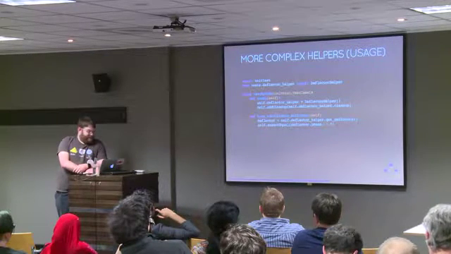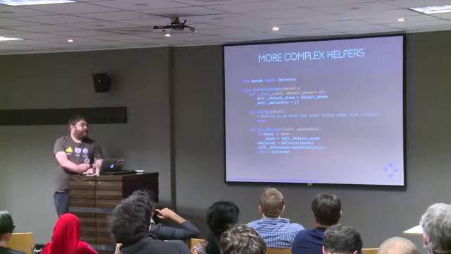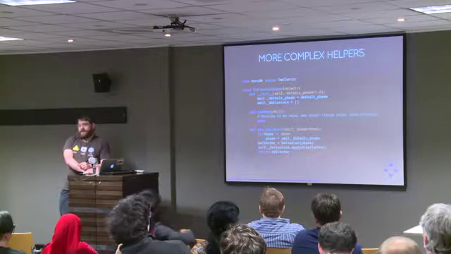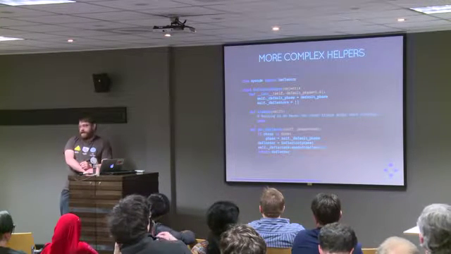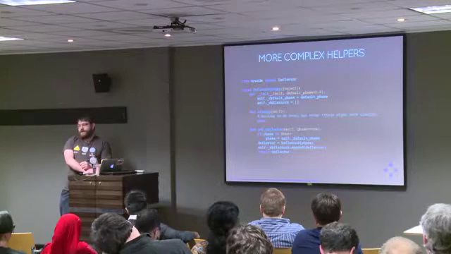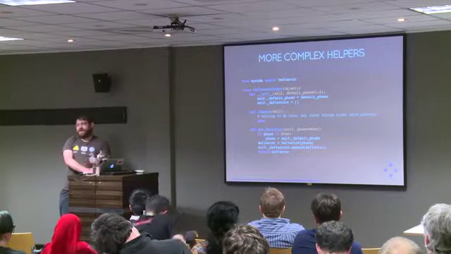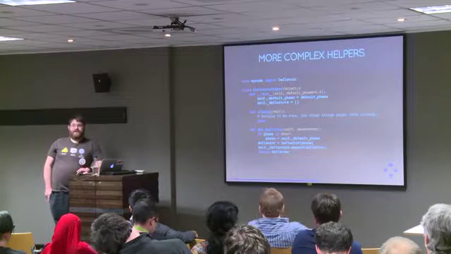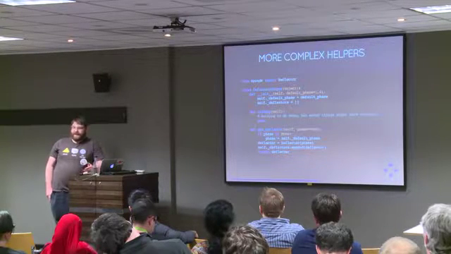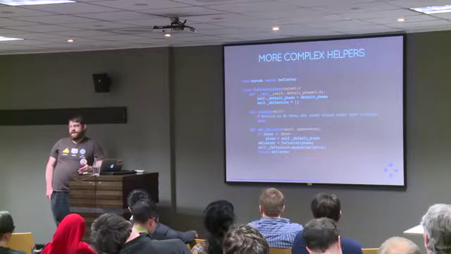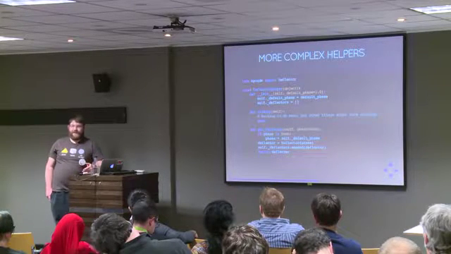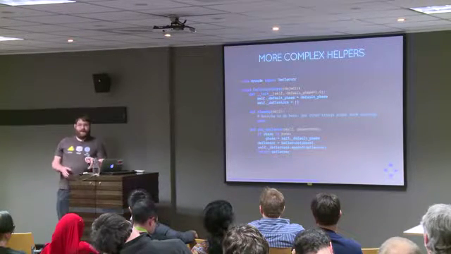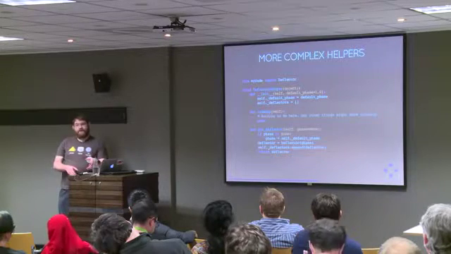The other nice thing about this kind of more complex helper is that you can combine them. So in my case, I've got a thing that handles general persistence, and then built on top of that, there's a thing that handles accounts, and then built on top of that, there's a thing that handles various other objects which happen to require accounts.